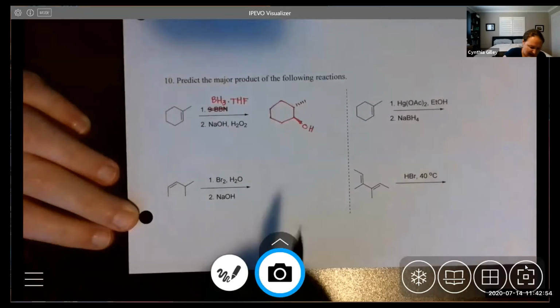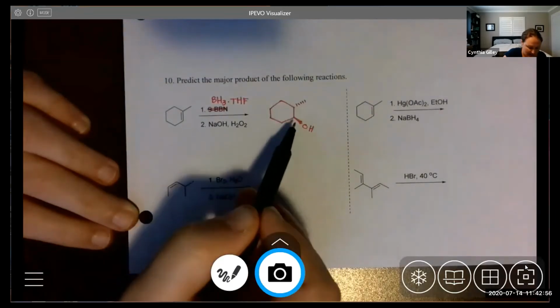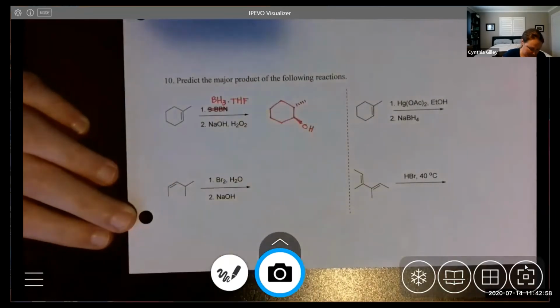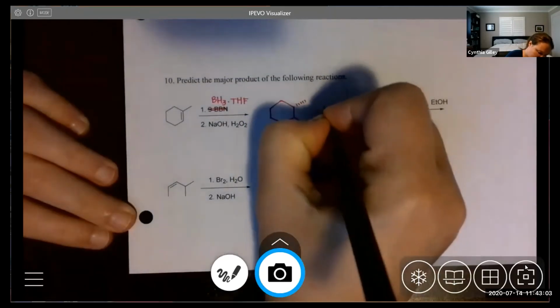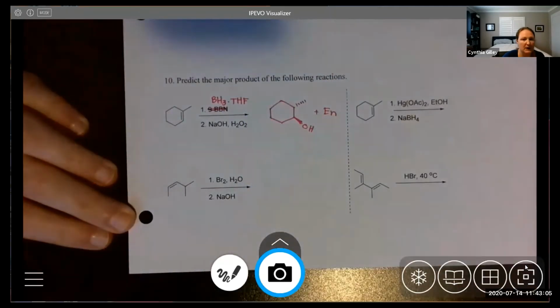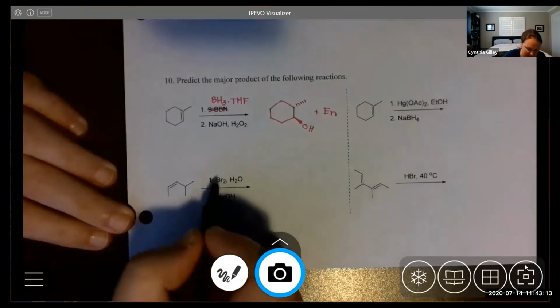So remember that the hydrogen here and the OH get added on the same side. So then the methyl gets pushed down.